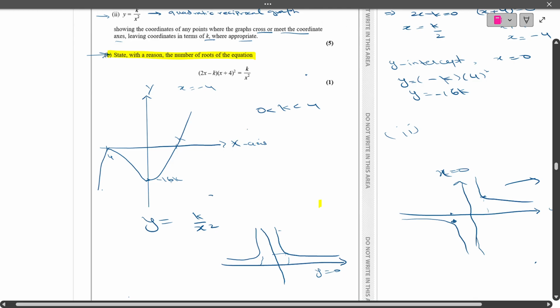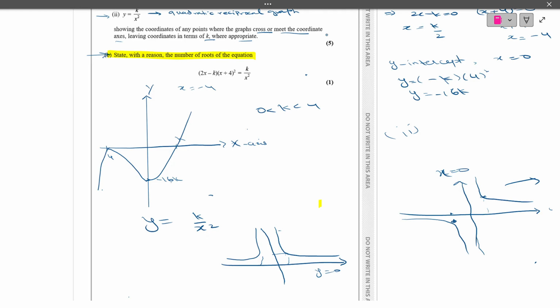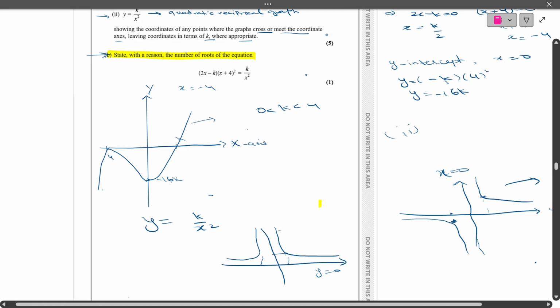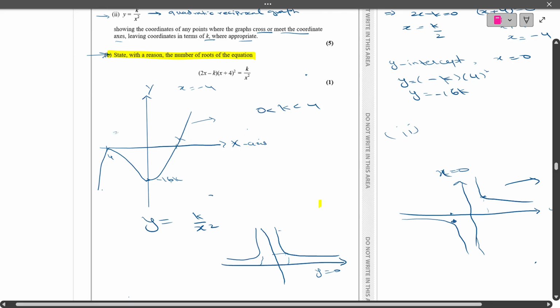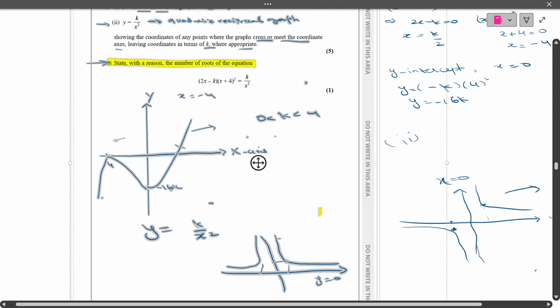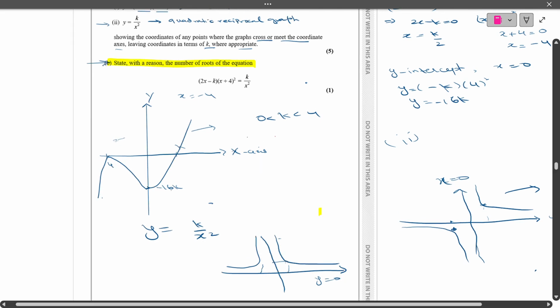The cubic graph, I can see this curve here only in the first quadrant. So definitely one root because the graphs intersect at a point. If I draw the reciprocal graph here, it will intersect only at one point, otherwise there is no intersection in the second quadrant.